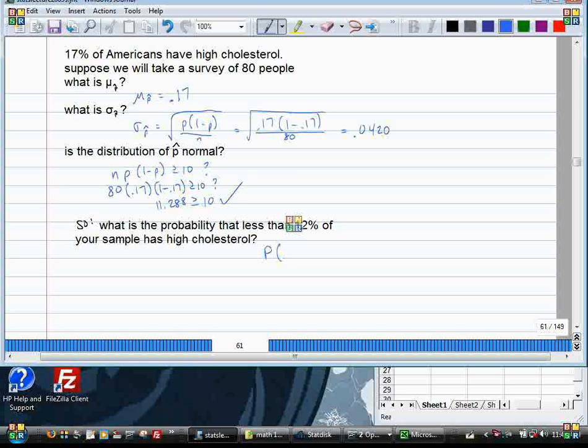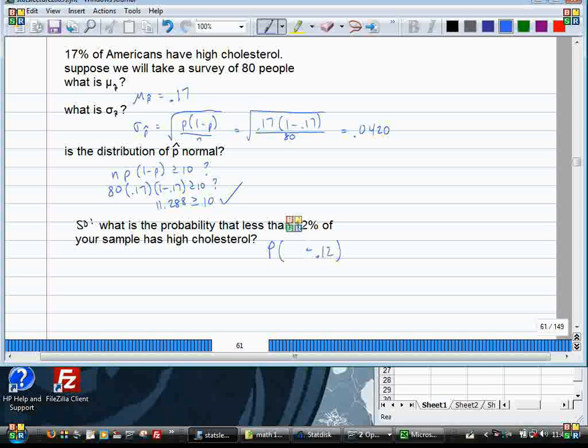So wait, I should say which P, because now we got a bunch of P's. P meaning what to start? Yeah, because it's asking for a probability, so probability that, now what? Something less than 0.12. Well said.